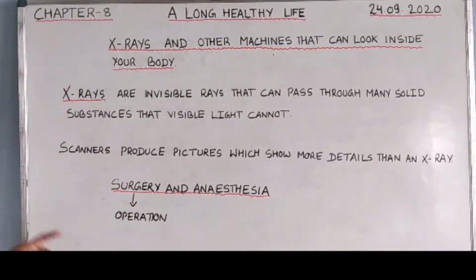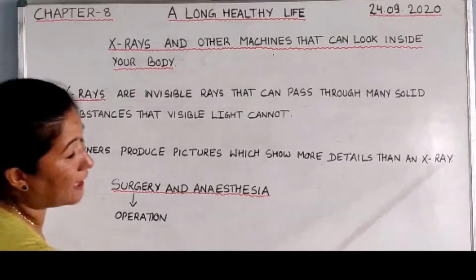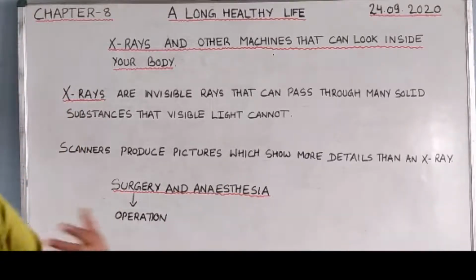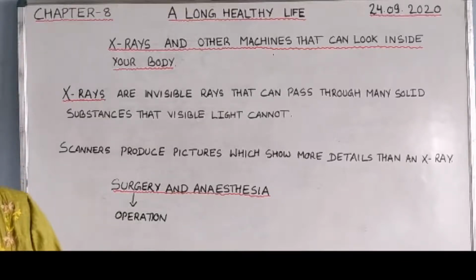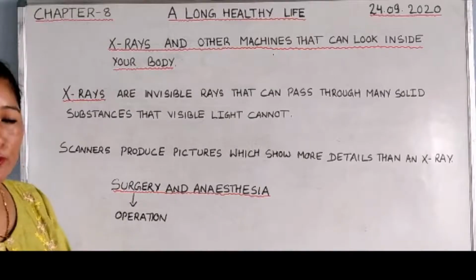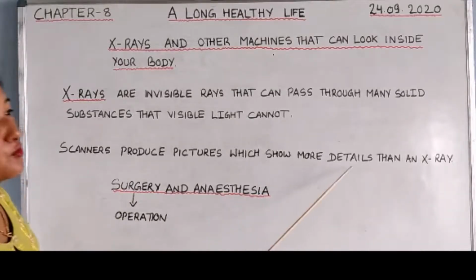Next one is the scanner. Now what is a scanner? Scanners produce pictures which show more detail than an X-ray. To be more specific, to find what has caused a disease, the doctors use a scanner, which gives us more detail than the X-ray.